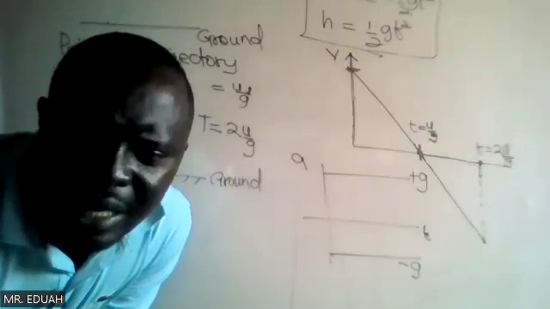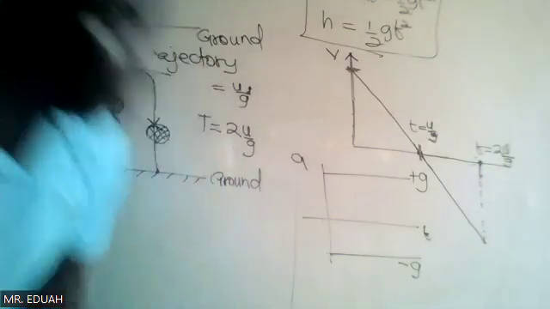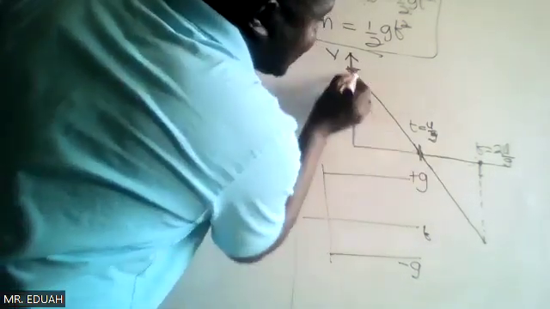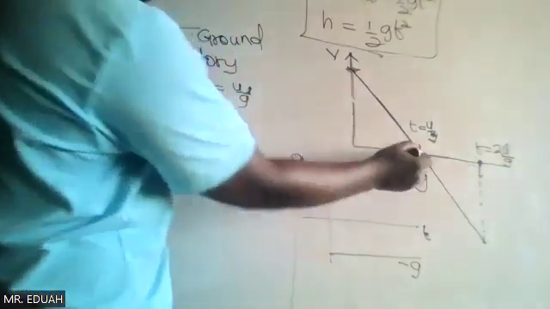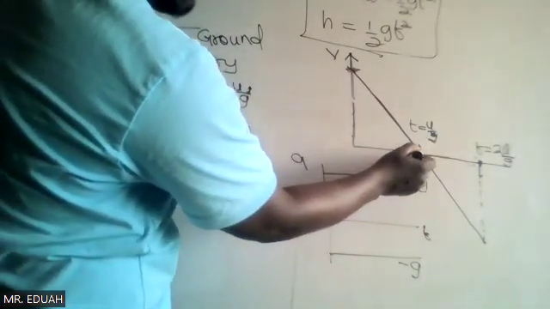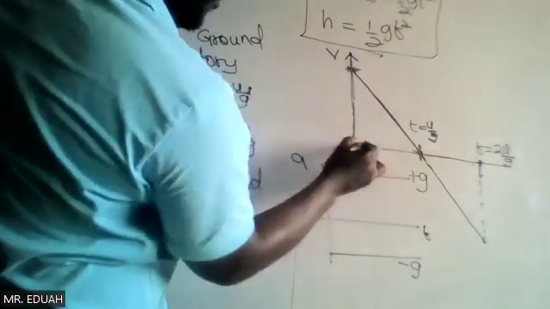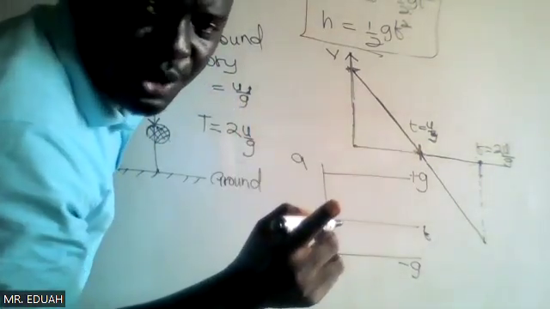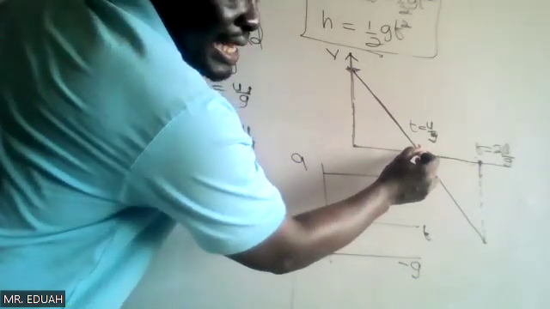Also, when the line goes past the time axis, what is that portion called? Okay, so the moment the line touches this, it means we are at the maximum height where velocity is 0. So at this point, V is 0, which means we have reached the maximum height.